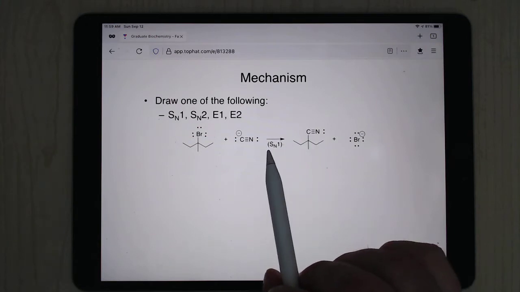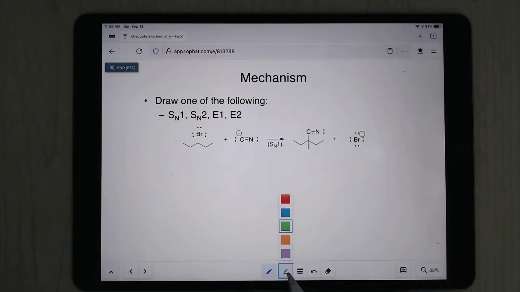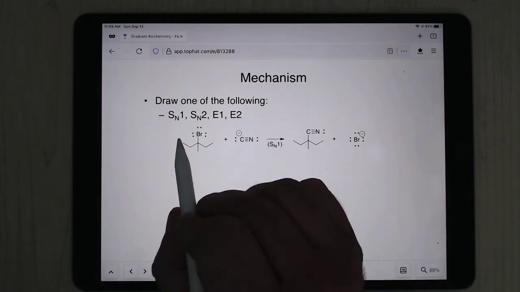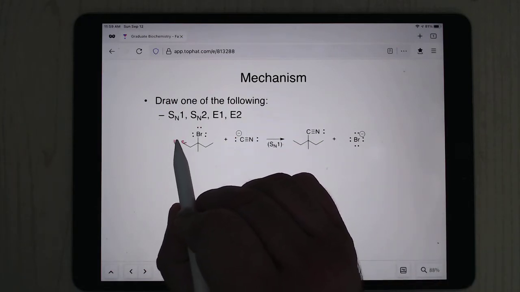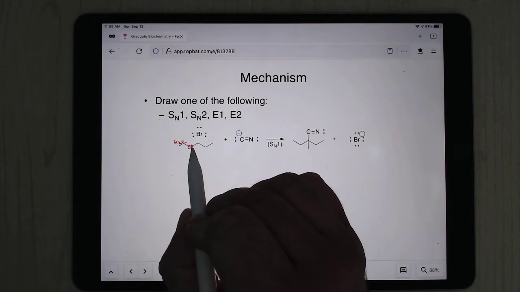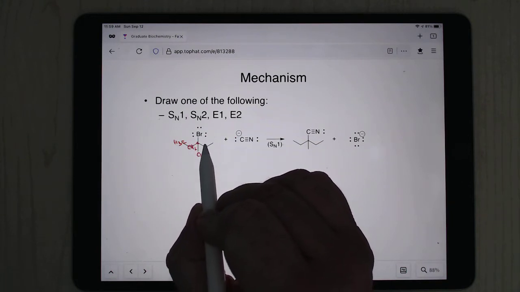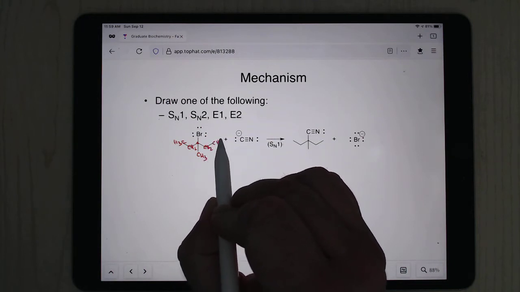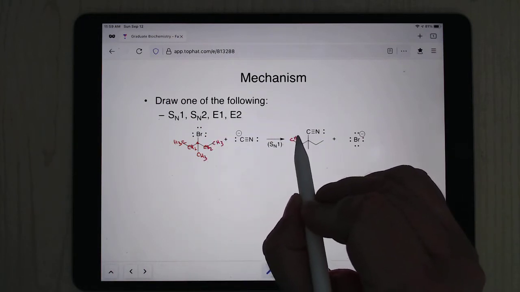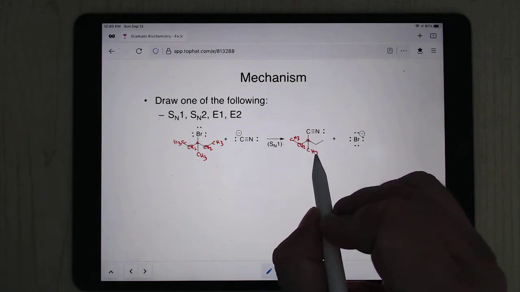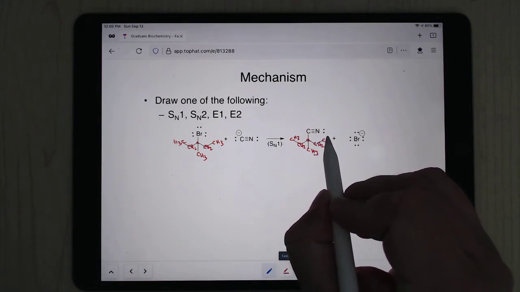I said, okay, well, I want to see an SN1. Again, you can come in here and draw in the hydrogens. So CH3, CH2, C, CH3, CH2, CH3.